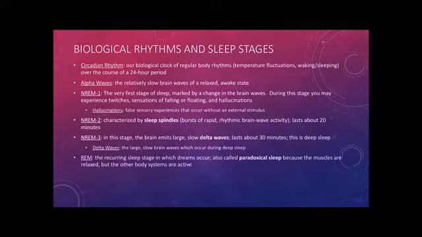And so anytime that you're in REM sleep, anytime that you're dreaming, you are incapable of moving apart from your eyes moving underneath your eyelids. But since the brainstem is at your neck, you can have movement in your neck and above, but anything below your neck is completely paralyzed. And that's why we call it paradoxical sleep.